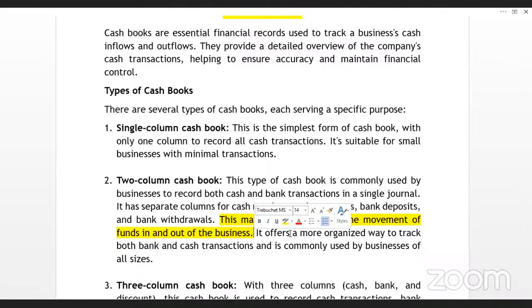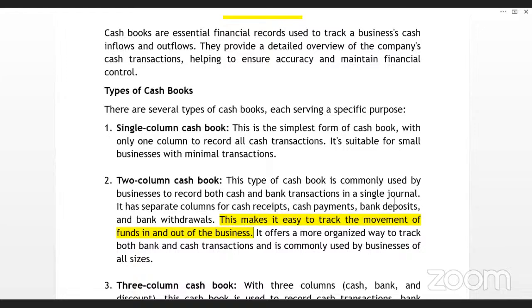It offers a more organized way to track both cash and bank transactions, and it is commonly used by all businesses as long as they have bank transactions and cash transactions. So the suitable cash book they can use is a two-column cash book. Then from the two-column cash book, we have what we call a three-column cash book.